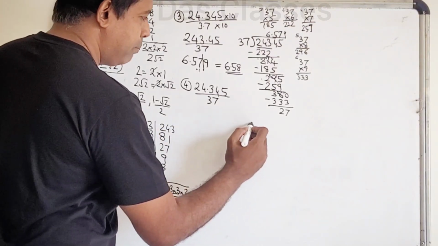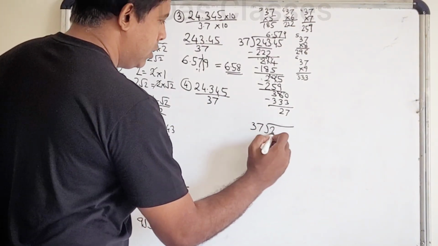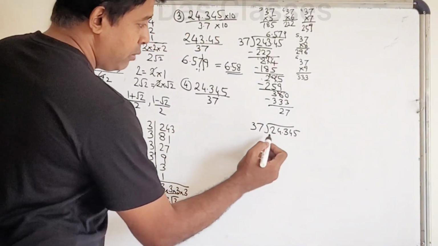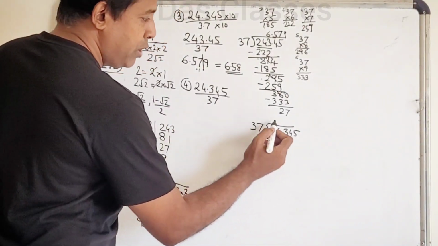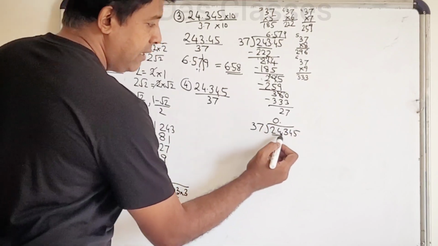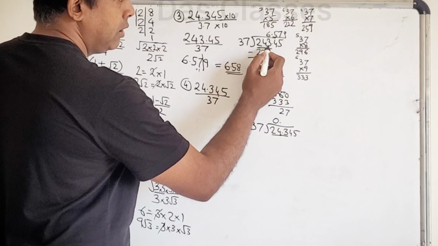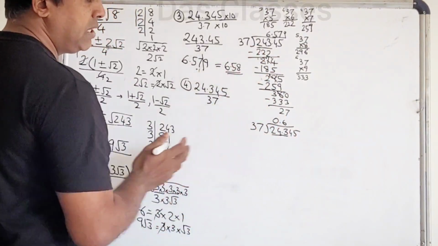I'll do just the beginning part, 37, 2, 4, 3, 4, 5. See the difference now. Now it's not divisible by 2, 4, so you have to write a 0 over there, and next you have to take those 3 numbers, and when we take 243, it is 6, and the rest will be the same thing.